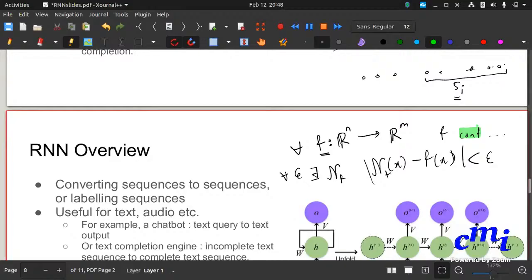But immediately when I say f is continuous, I am in some sense restricting myself in the amount of information I can pack, or the amount of information I can unpack from the state space, right?